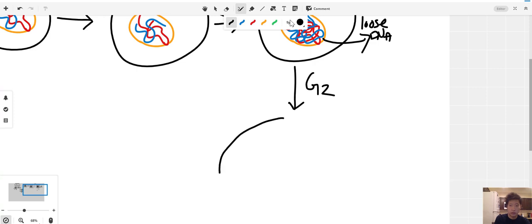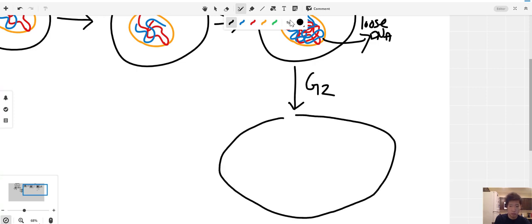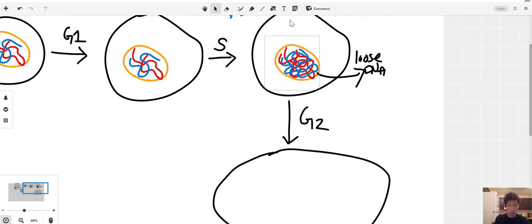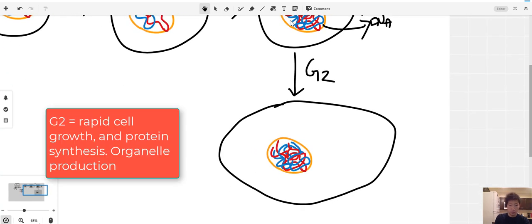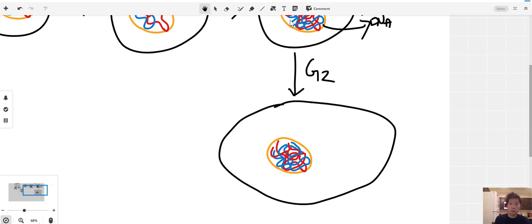Okay, it's going to get even bigger. And we have also produced more organelles. Okay, so things like the centrosome, for example, would be doubled as well. So at this point, at G2, presuming we pass that checkpoint, that is when we're ready to enter mitosis.